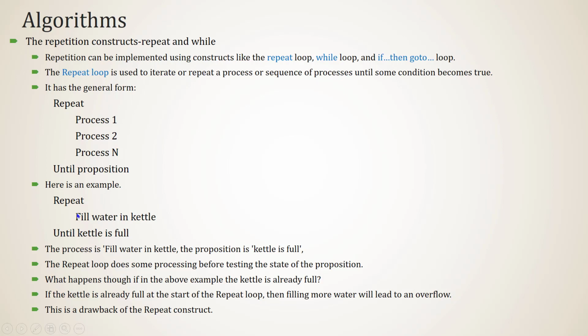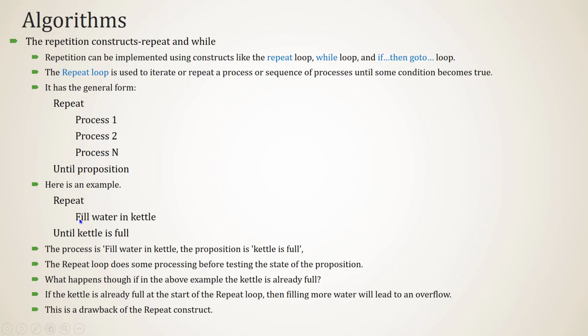So if you look at this repeat loop, it is just saying fill water in the kettle. Just imagine what happens if in the above example the kettle is already full. Suppose some instruction is given to some person, fill water in the kettle. I already told you the algorithm will execute in sequential order.